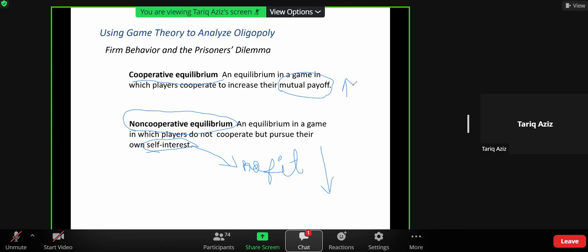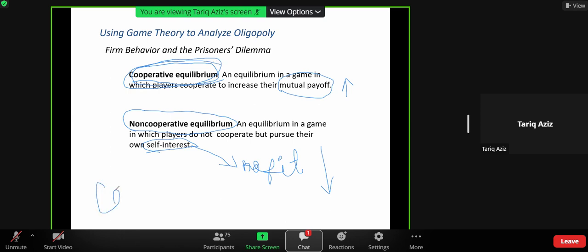But you may think that if cooperating with each other is beneficial for everyone, then why do they decide to compete with each other? Once I give some exact examples, this point will become clear: cooperation is not easy, and in some cases it is illegal also.